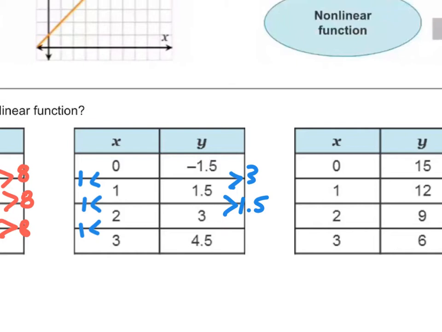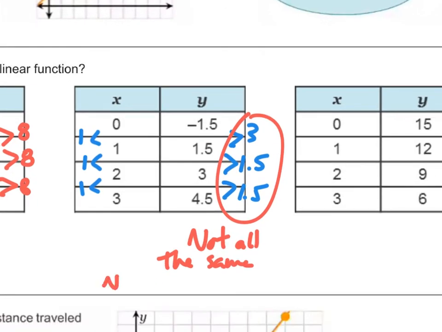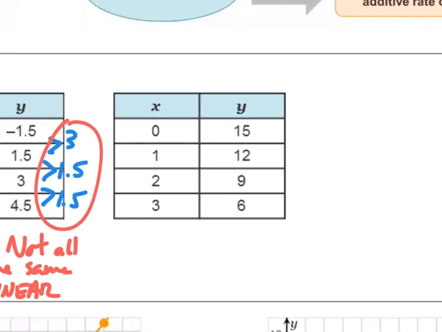And then to go from 3 to 4.5 is also 1.5. So because these are not all the same, therefore it is a nonlinear function.